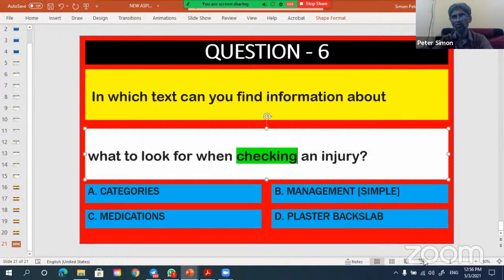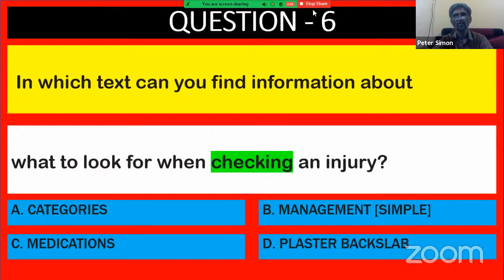Checking means what? Check it out. Checking means what?